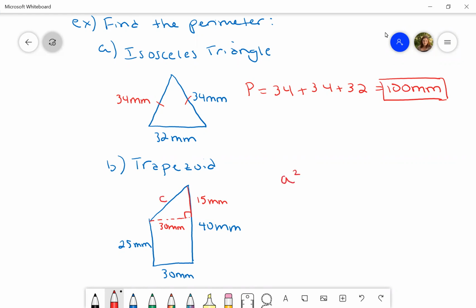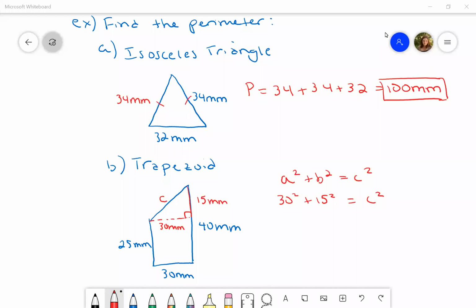And according to the Pythagorean theorem, a squared plus b squared equals c squared. So 30 squared plus 15 squared equals c squared. So 30 squared comes out to 900. And 15 squared, that's 225.